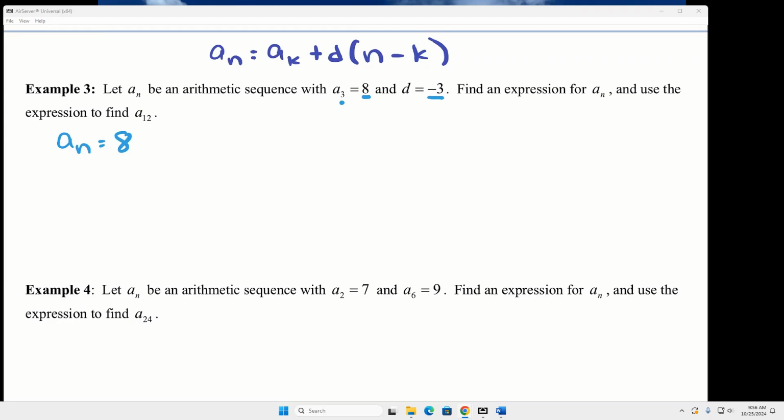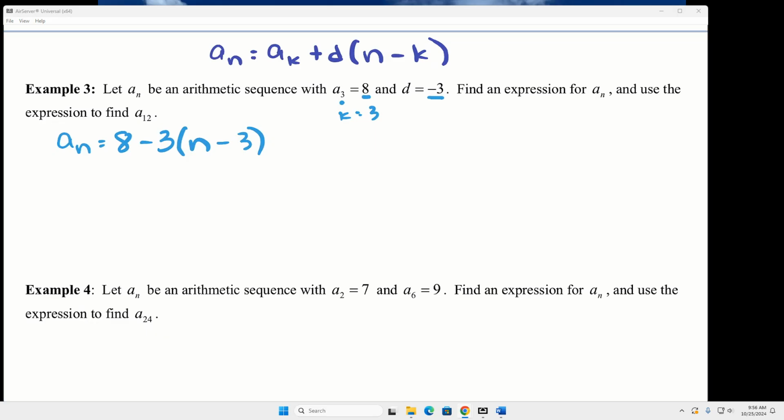And then we'll put in negative 3. n is going to be your variable in this case. And then what about k? 3, because it's the third term. All right, so that is our formula.